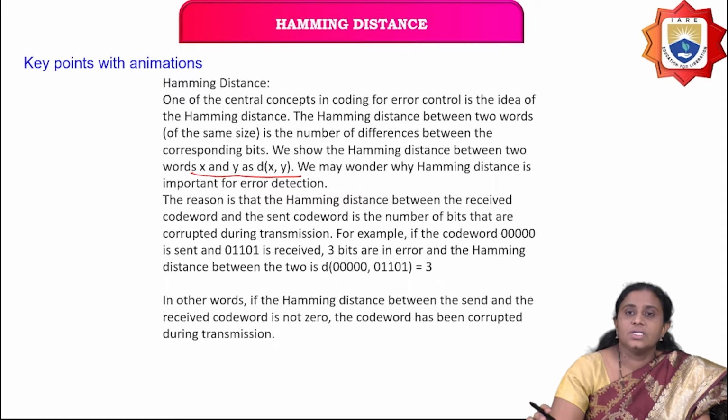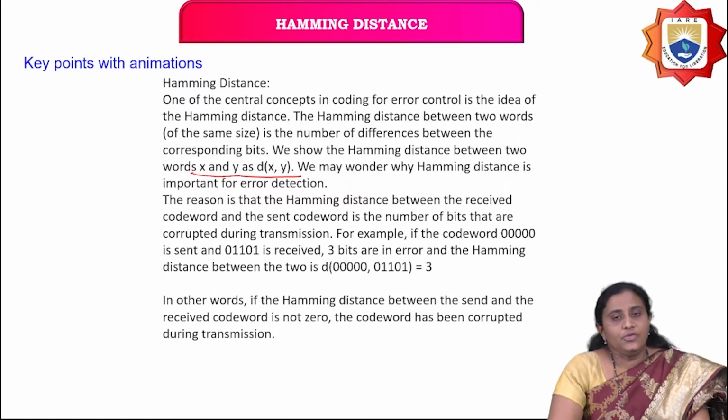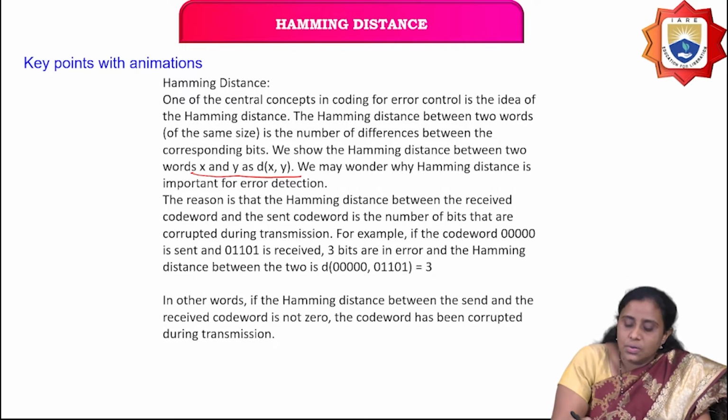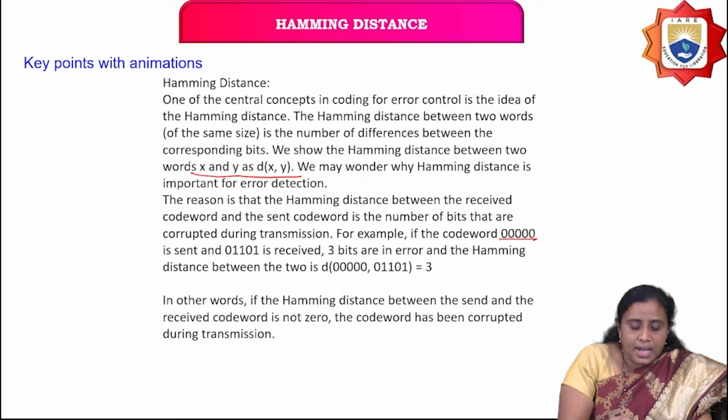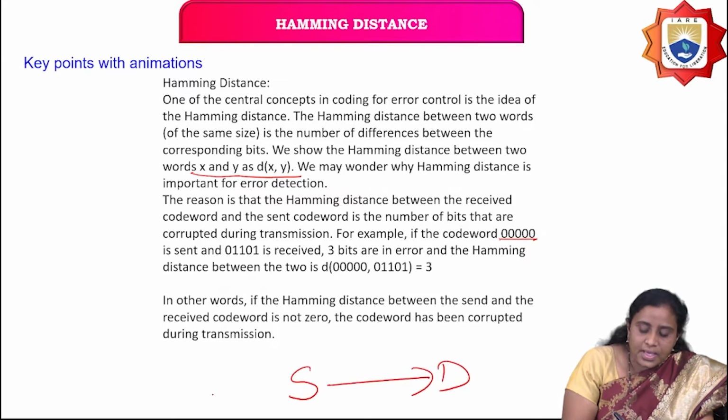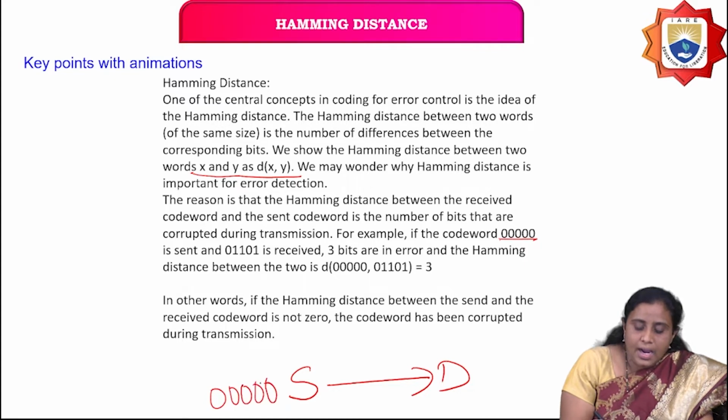For example, suppose the code word is 00000 and it is ready to be sent from one source. The code word is five zeros, and on the other side 01101 is received.